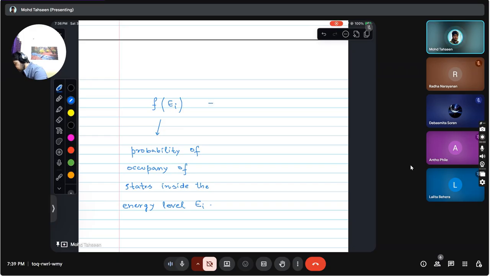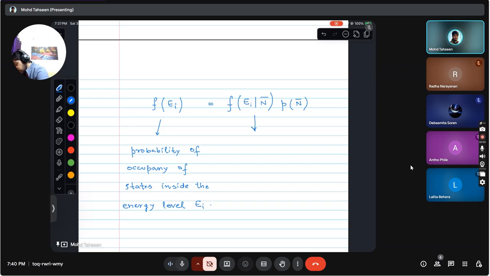if you know about conditional probability, it will be f of EI given n bar, times probability of n bar. What is this quantity?